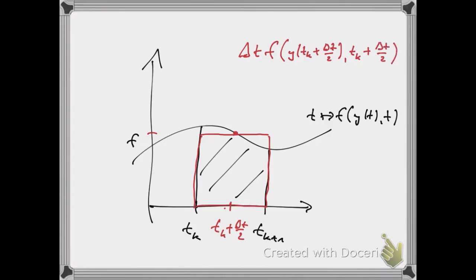But since I don't have this value here, I have to approximate this by one step of the Euler method with half step size. And the second value is the same as above.